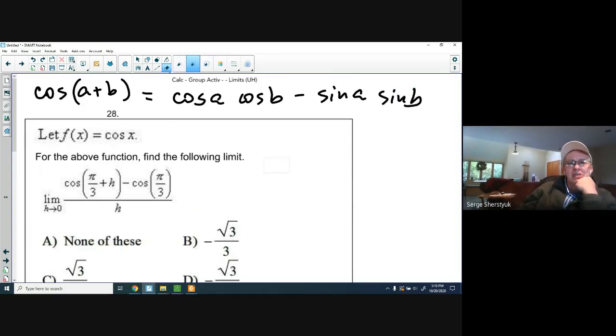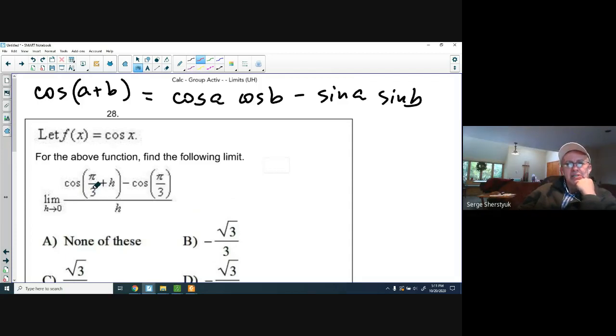Okay. So if you remember this formula, well, that's what you have to use here. Again, eventually I'll show you a way to get around this, but in this particular case, you have to use that, because there's no other way for me to deal with this.